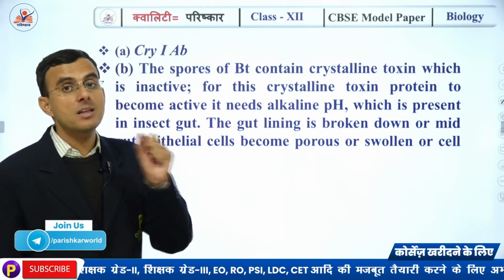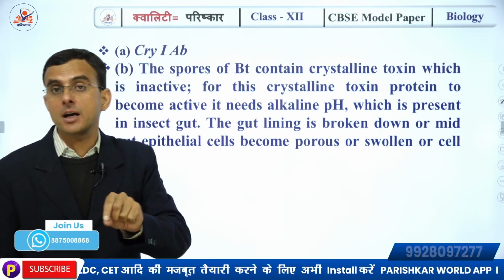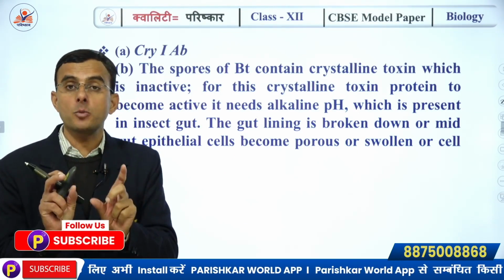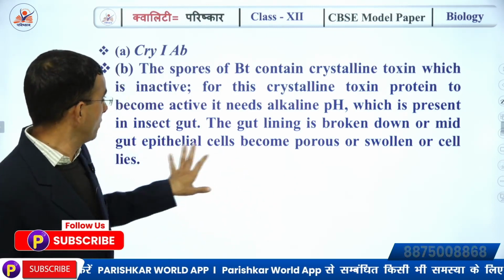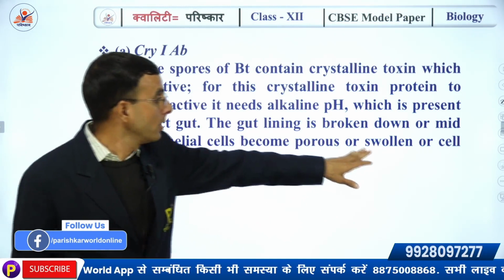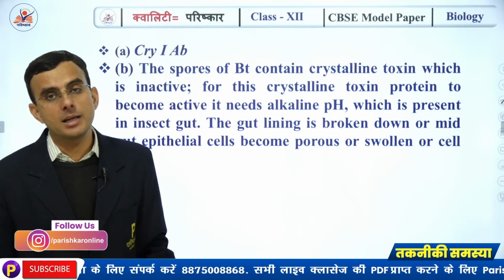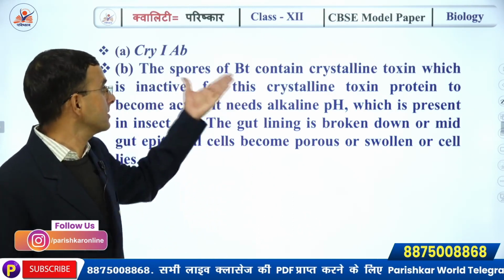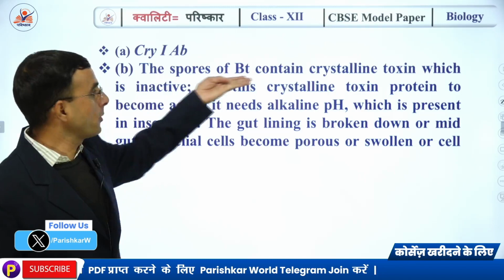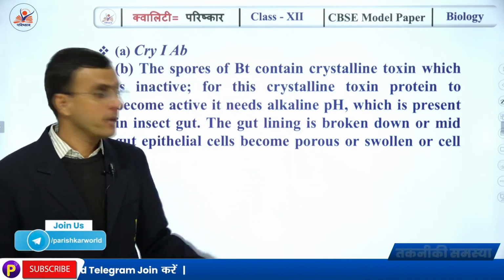Once converted, it affects the gut of that insect, the gut becomes porous or swollen, and because of that the insect quickly dies. That is the effect of those Bt spores that we are infusing in field A.